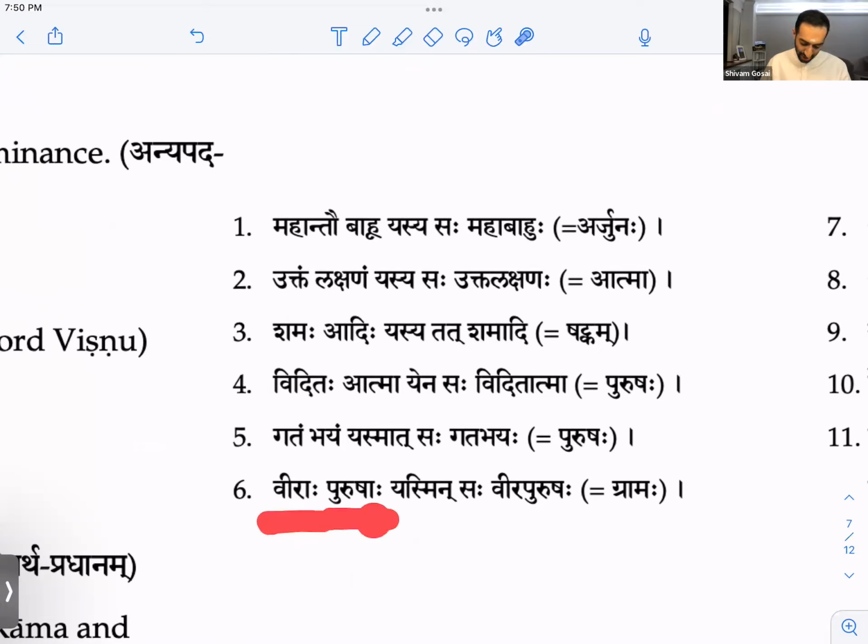Viraha Purushaha Yasmin Saha Vira Purushaha. Okay, so the final word is Vira Purushaha. The one, Yasmin, in whom Purushaha, people, Viraha, are brave, we can say even. Viraha, brave.